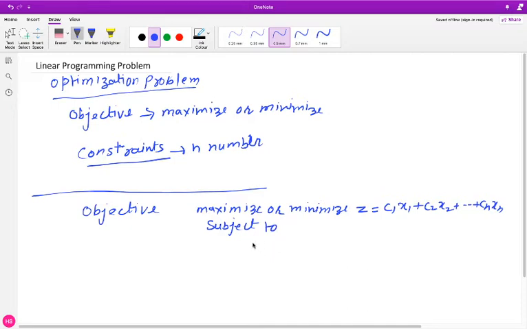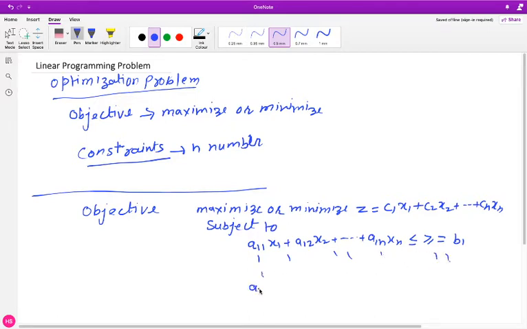So constraints are going to look like this: a11 x1 plus a12 x2 plus dot dot a1n xn less than or equal to, or greater than or equal to, or equal to b1. So this is the first constraint. Similar to this, we may have a small m number of constraints.